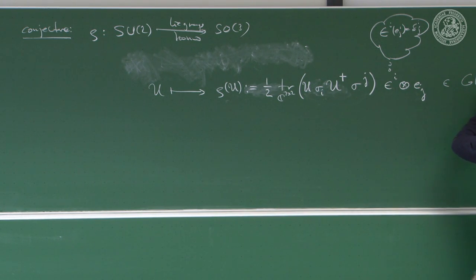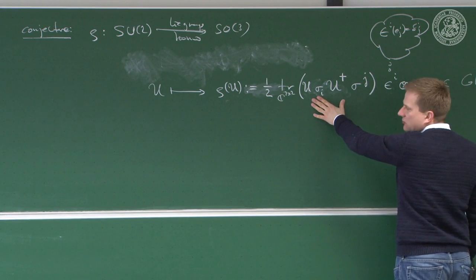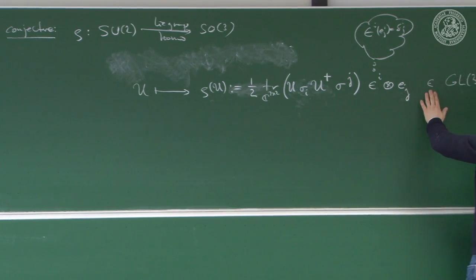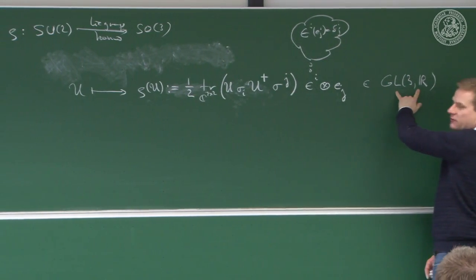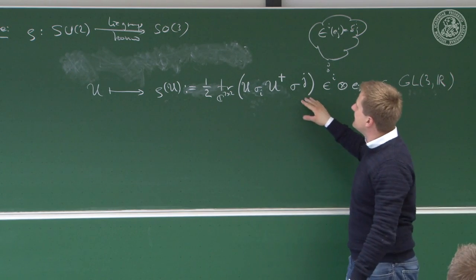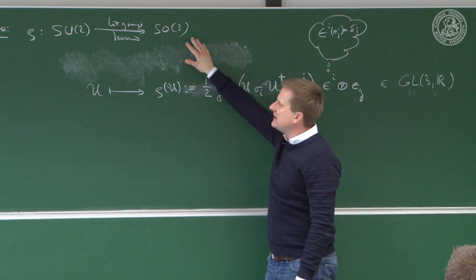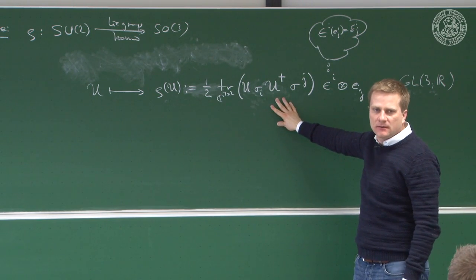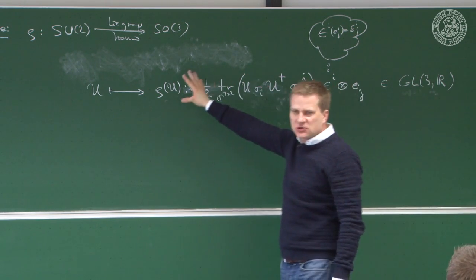This is, of course, a basis for linear maps from R3 to R3, and these are its linear coefficients. So it's clearly an element of here. In fact, SO3 is an element of here. So that's an element of GL3R that I see immediately. That it's an element of SO3, so of a particular subgroup of this, I need to show. So I construct this map.